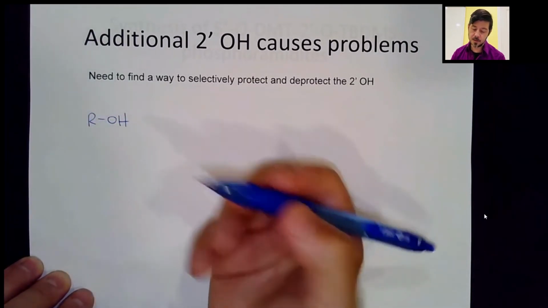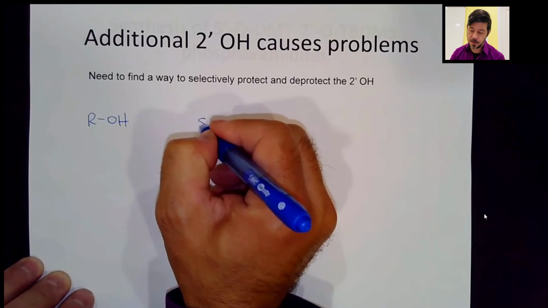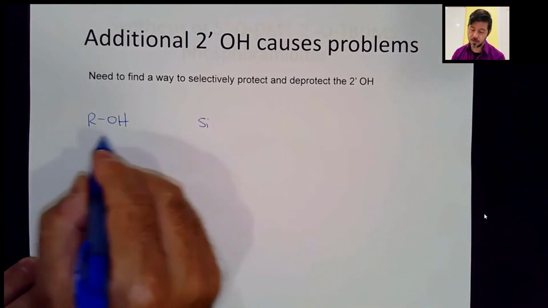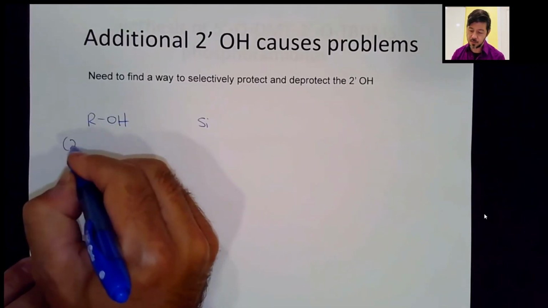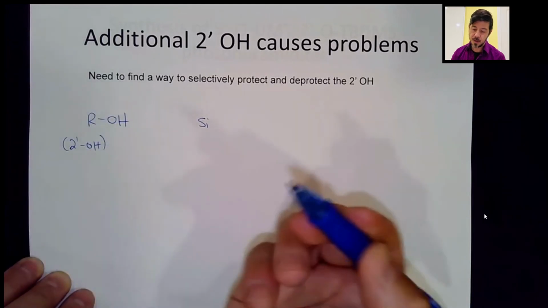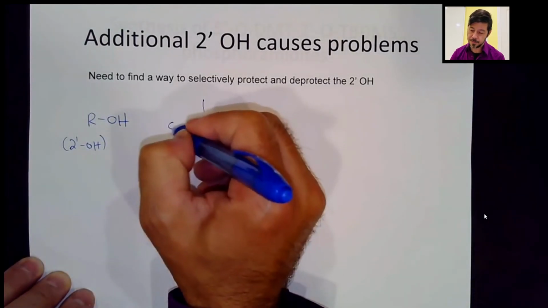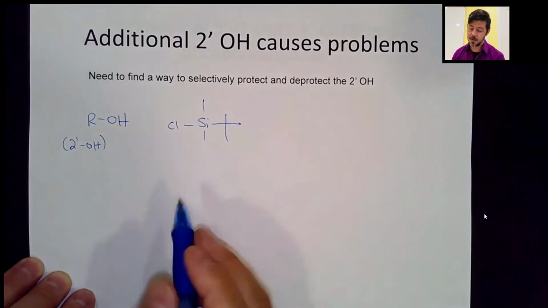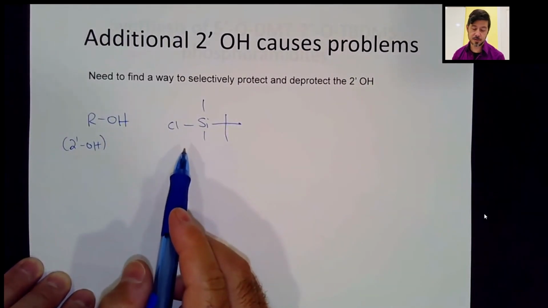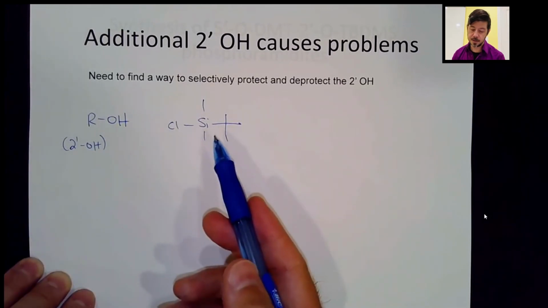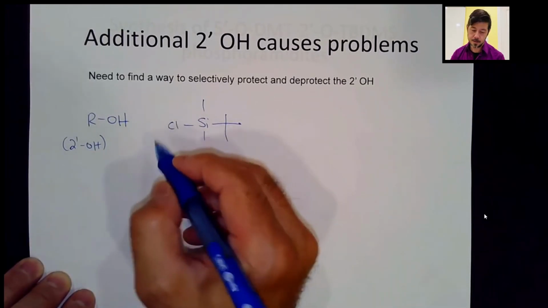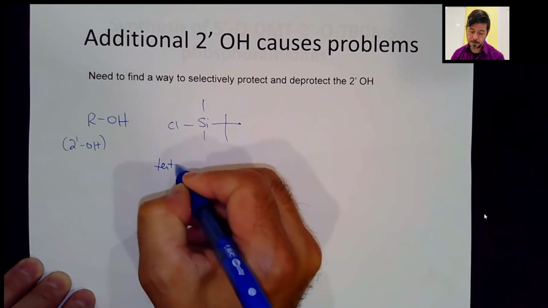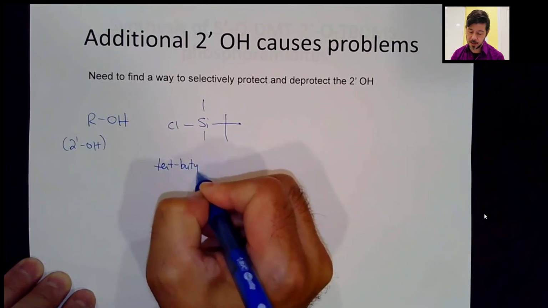So a really good way to do that is to take the 2' hydroxyl group. So imagine this is a 2' hydroxyl group, and we treat this with a silicon protecting group. Okay, this silicon protecting group is called tert-butyldimethylsilyl chloride. A little bit of a mouthful, but some of you may have seen this before.